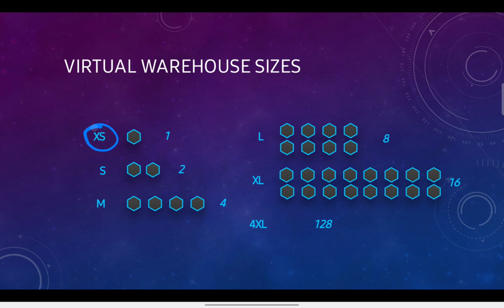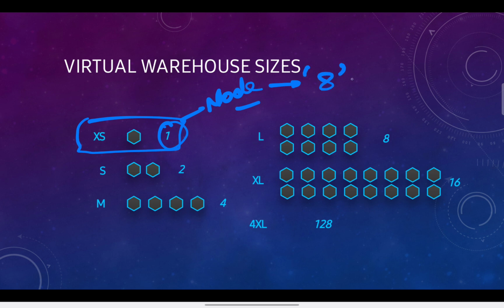Let's understand it with a CPU with a small core. So extra small has one node, and in this node there are approximately 8 virtual CPUs.